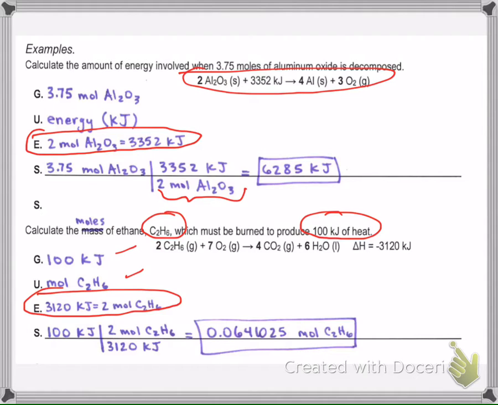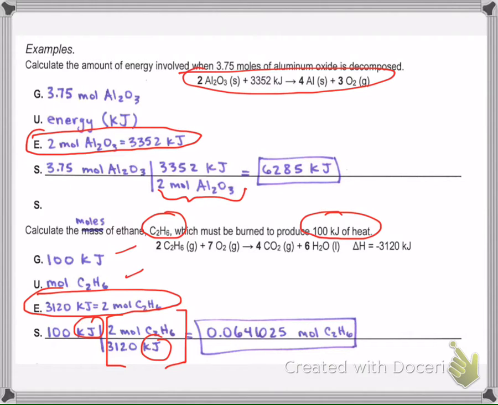Per the diagonal rule, remember, whatever you start with, you want the same unit on the bottom. This came from my balanced chemical equation. I'm using it to go from kilojoules to moles. Again, we're starting with our given and then looking at our balanced chemical equation to determine how many moles of a substance requires a certain amount of energy.